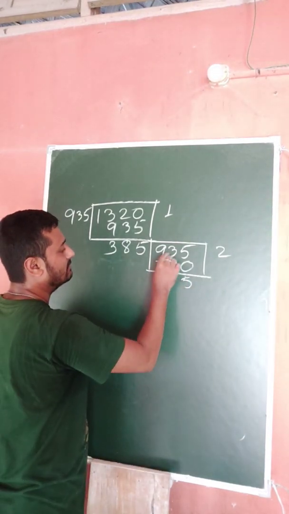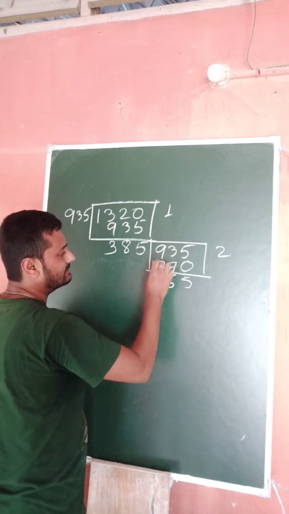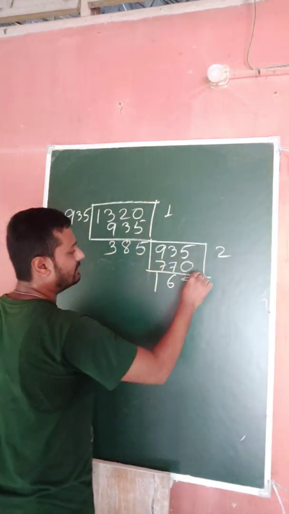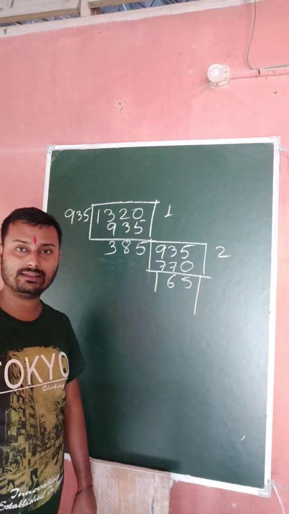So 770. Subtract: 5 minus 0 is 5, 13 minus 7 is 6, 8 minus 7 is 1. So 165 is the remainder.